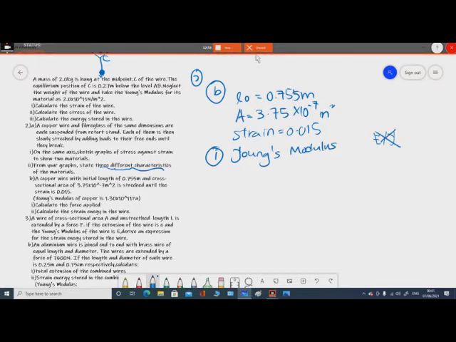So let's just write it as the Young modulus in terms of its full name. So the Young modulus is equal to the stress over strain.